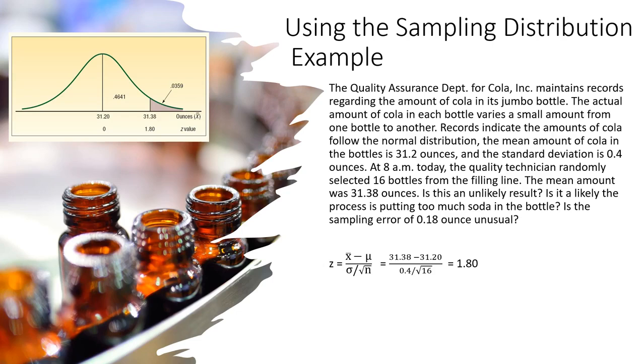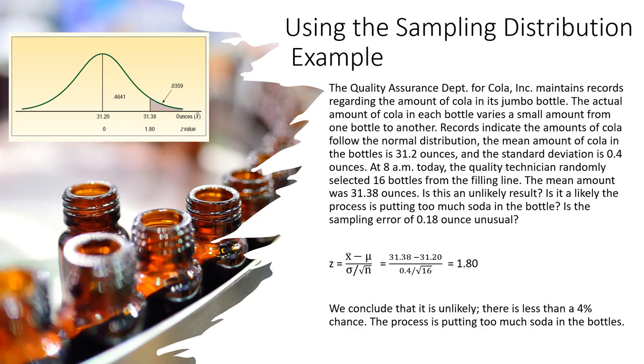That's going to be using the population sigma, which is 0.4, divided by the square root of my sample size, which is 16, and we find a z-value of 1.8. And so when we use that z-value, we can then find that about 4% is in that upper tail.